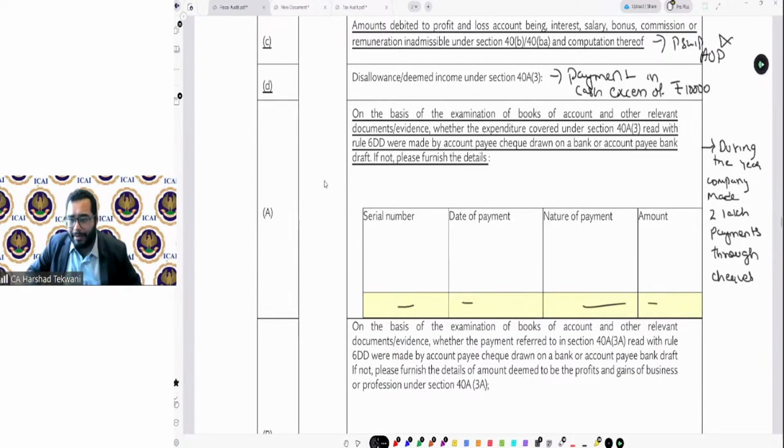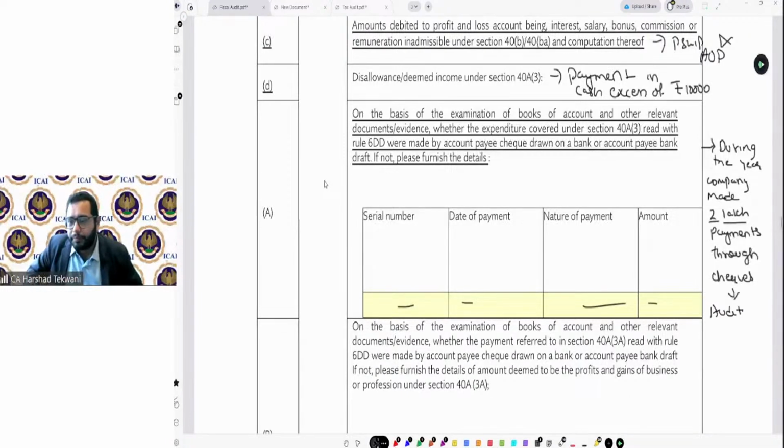Okay, 2 lakh payments, remember. Now you will not have a copy of the check for 2 lakh checks in front of you. You may be having a counterfoil, but you may not have a copy of a check to verify whether it was account payee drawn or not.